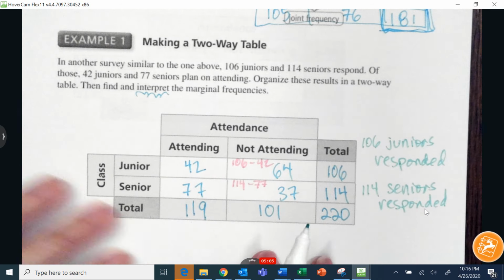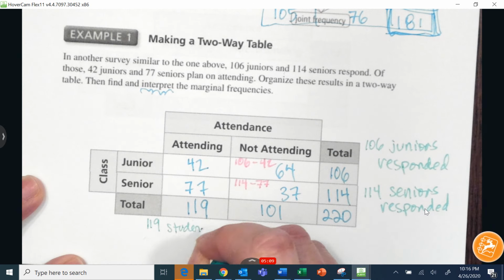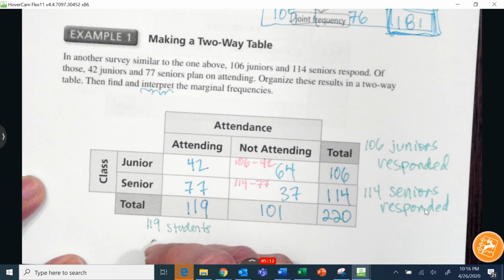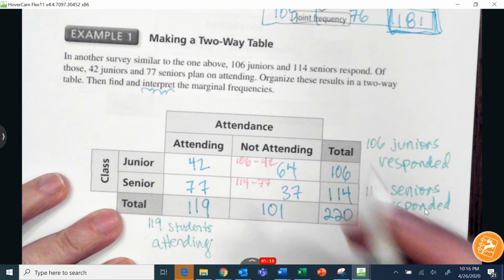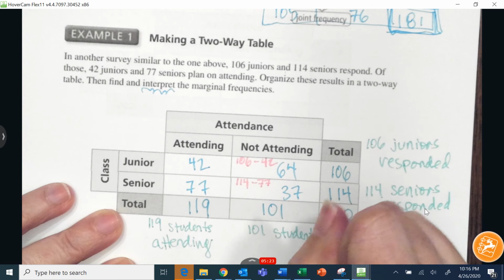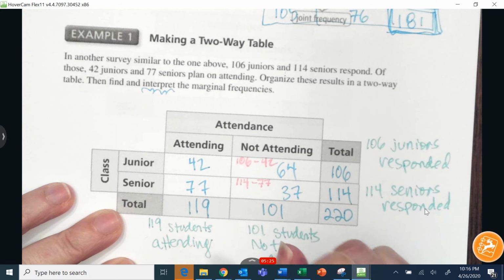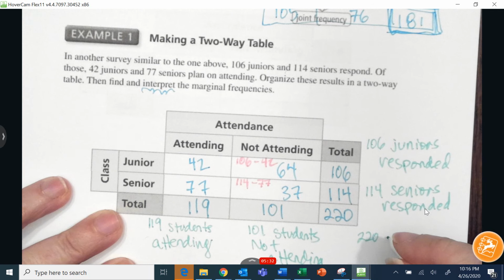Over here, 119 is the students that are attending the concert, and then the 101 is the students not attending. And finally, 220 is the number of students that were surveyed.